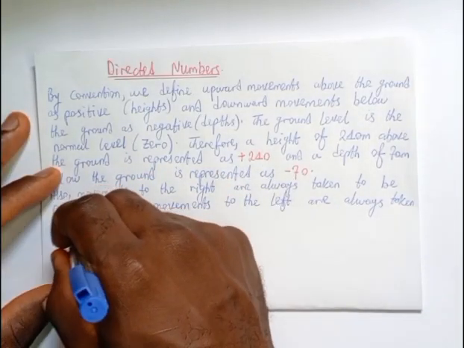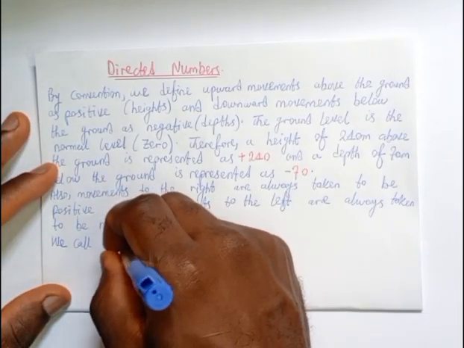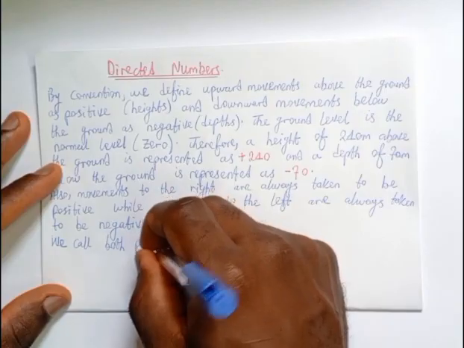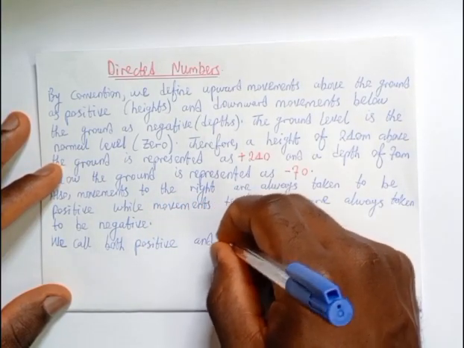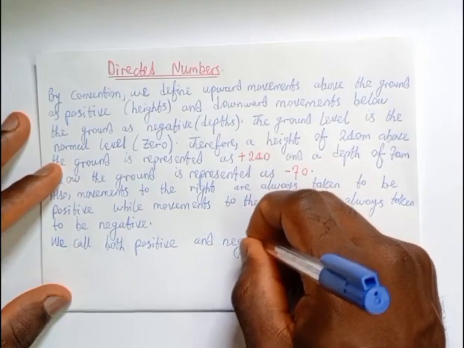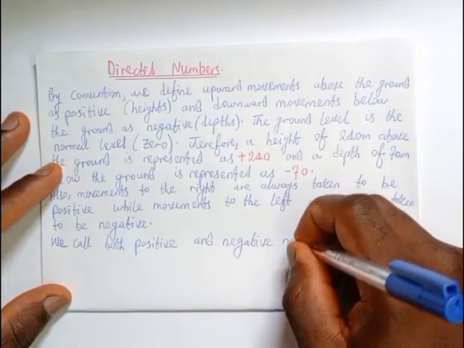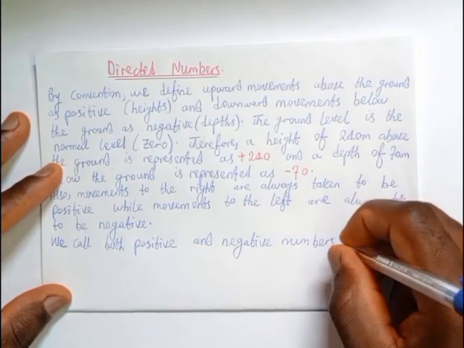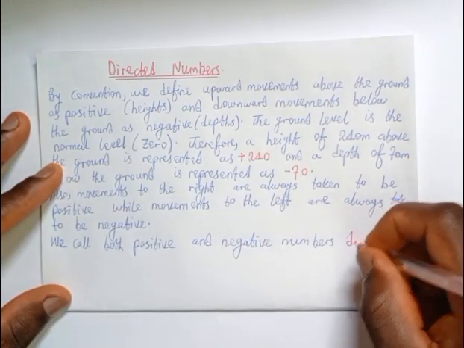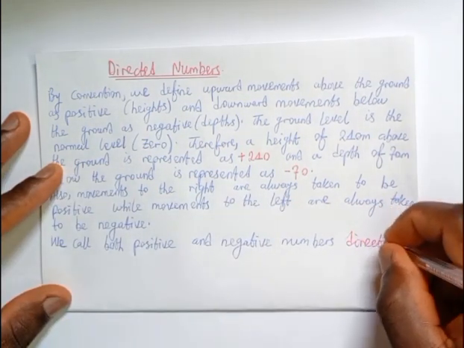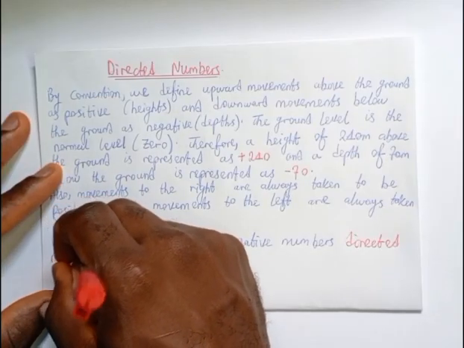We call both positive and negative numbers directed numbers.